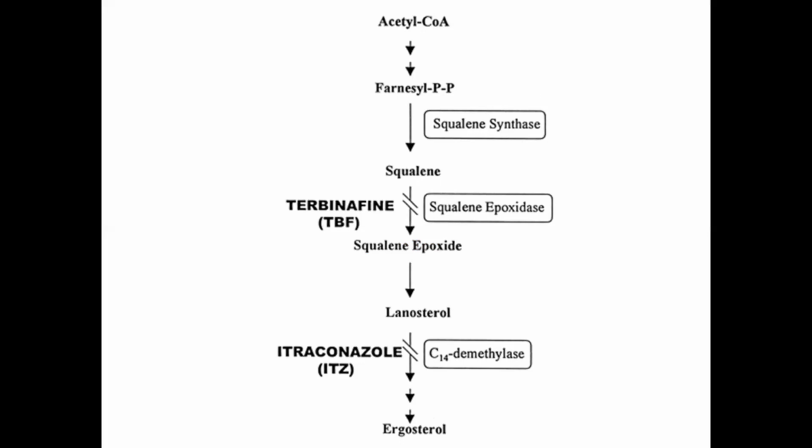Therefore, prevent na din yung formation ng lanosterol to form ergosterol. Ganun din si itraconazole, no? Which is an azole. So it inhibits this enzyme to prevent lanosterol from forming ergosterol. Therefore, kung walang ergosterol, wala na siyang supply for formation of cell membrane.